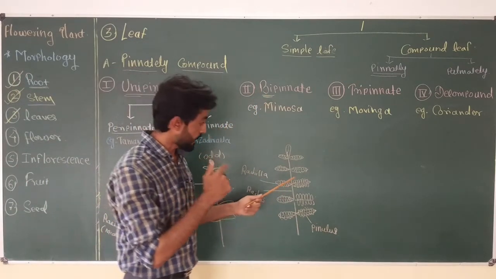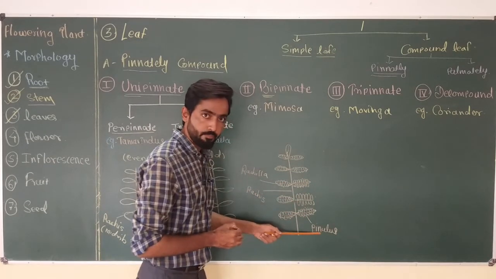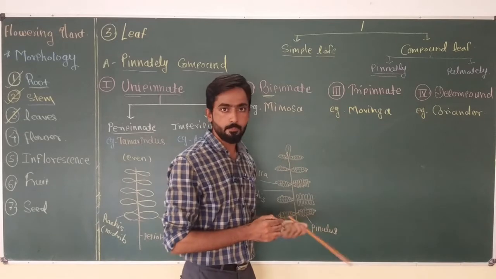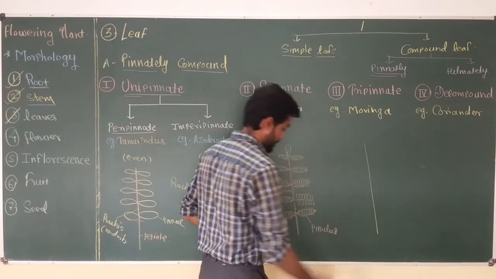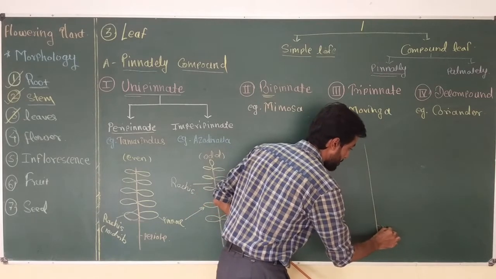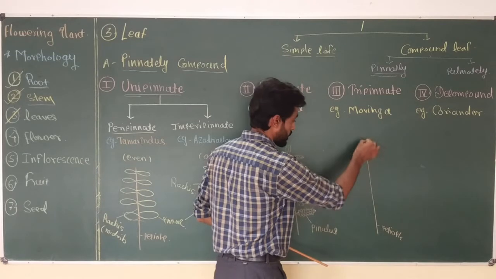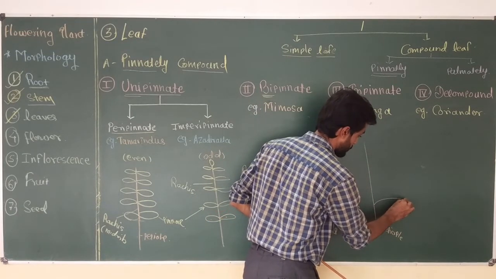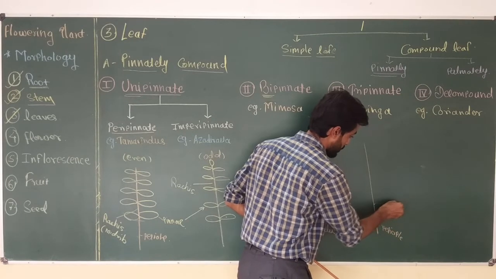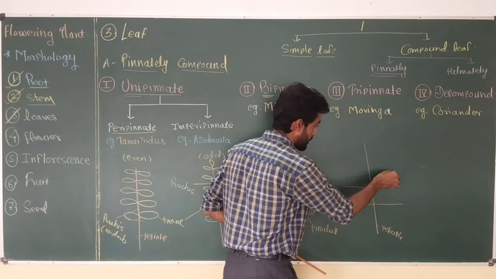If another incision or cut takes place in the pinnules, in that case a tripinnate leaf is produced. Okay, so suppose this is the petiole. Now the midrib or rachis, and the rachis has a number of branches.